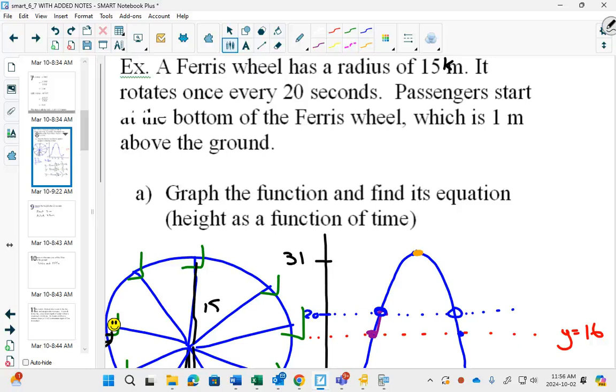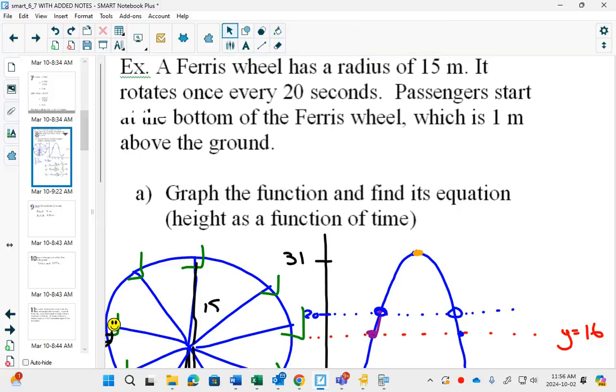We could actually have fun with this math. We could figure out the circumference and find out the distance you traveled in 20 seconds and find out with conversions the actual speed you were going if this was 15 kilometers and took 20 seconds. That would be crazy, right?